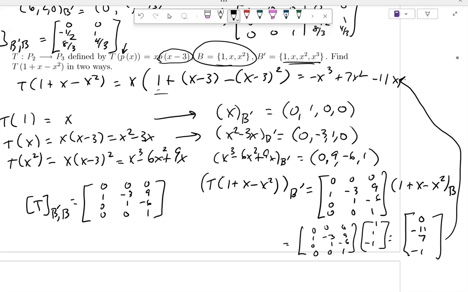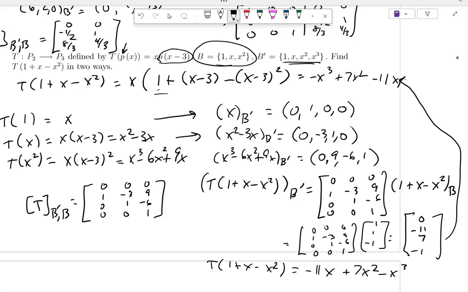I knew there had to be an error because you should get the same answer. So again, these are the coordinates of your output. So the final part, T of 1 plus x minus x squared, should be, in that order, negative 11x plus 7x squared minus x cubed, which is what we got. Again, that's the whole point of doing this, by the way: to change the transformation into matrix multiplication.